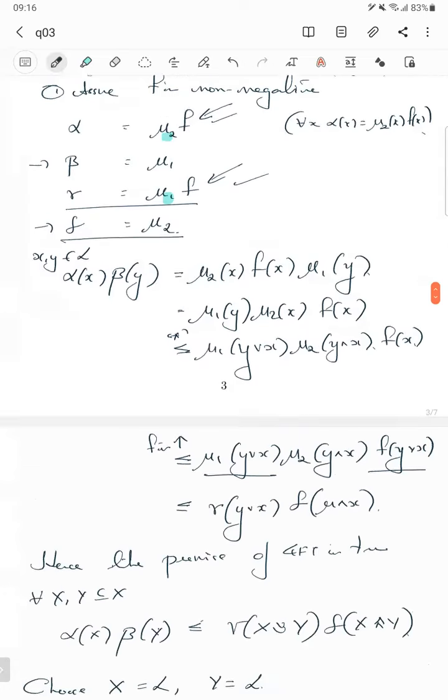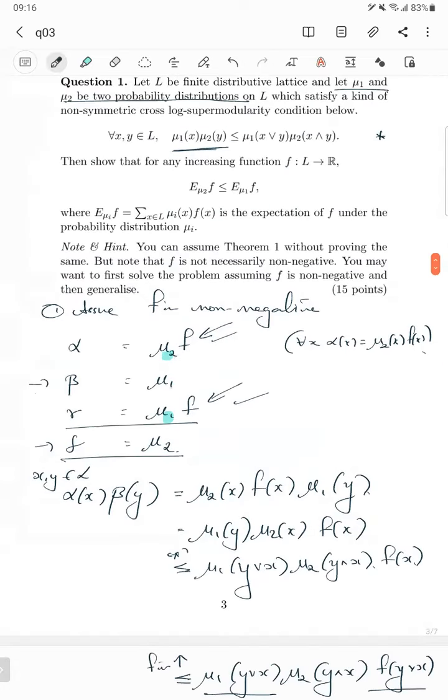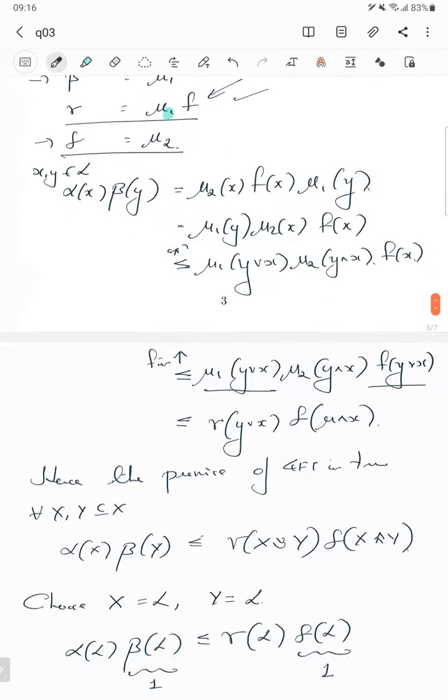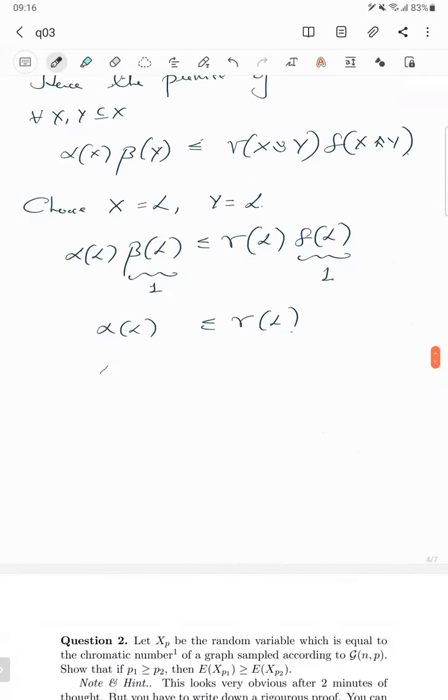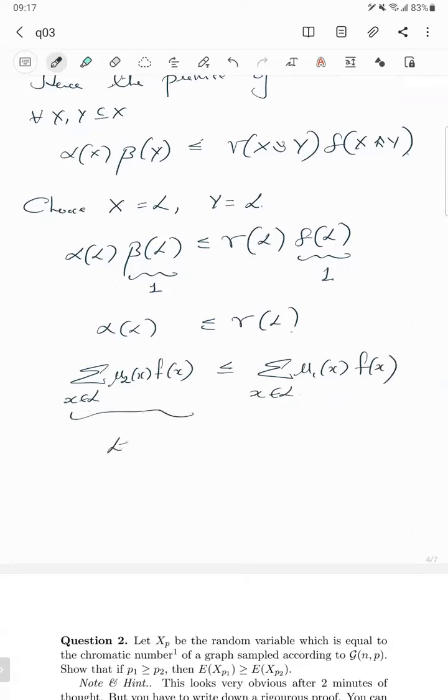But alpha and gamma are not just probability functions, they are mu2 f and mu1 f respectively. So this is the sum over x in L of mu2(x) f(x), and this is the sum over x in L of mu1(x) f(x). Now this is nothing but the definition of expectation under mu2 of the function f, and this is the expectation under mu1 of f.